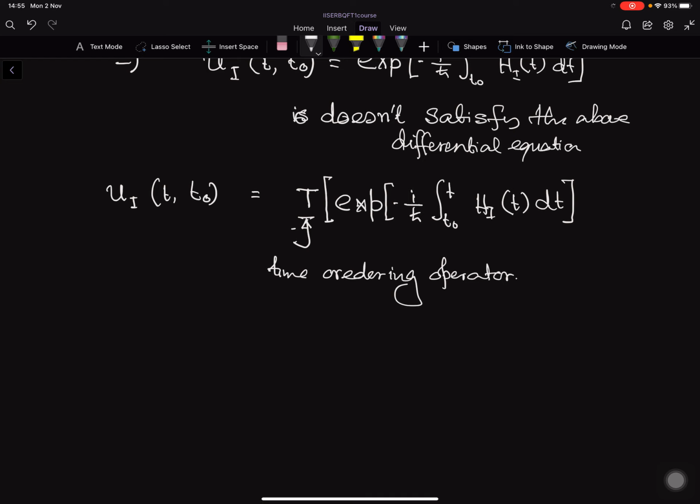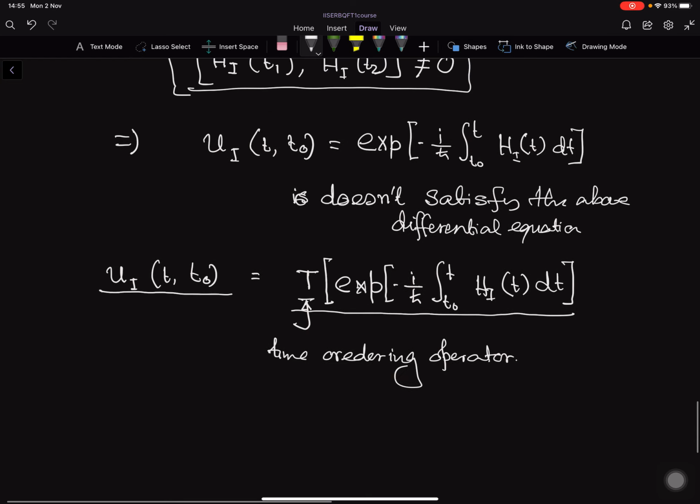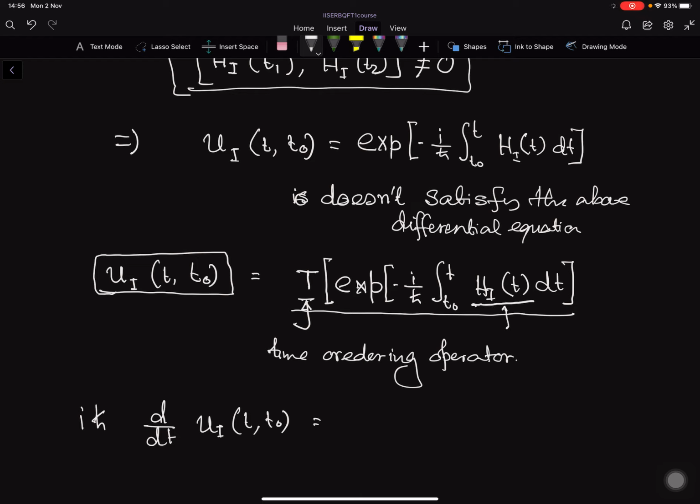And once you do this, you can show that this ui of t satisfies the correct differential equation. What happens is that when I take the derivative with respect to t of ui(t, t0) times i h bar, this will bring down a factor of Hi of t.